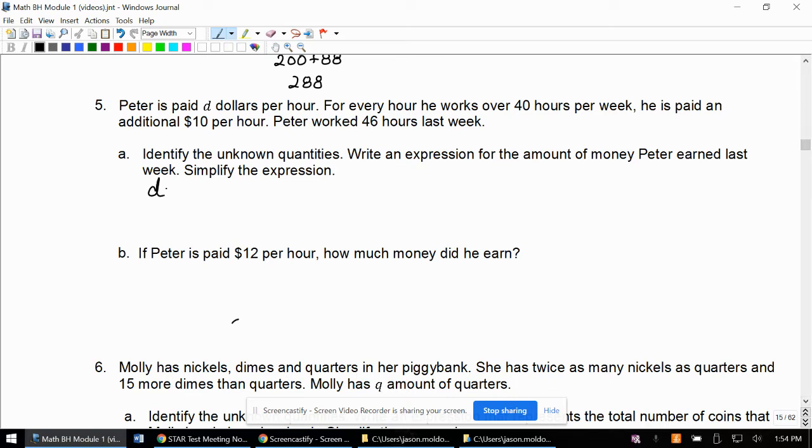So we have D equals the number of dollars or the amount that Peter is paid per hour. A, we're going to make a simplified expression, and B, if Peter's paid $12 per hour, how much money will he earn?